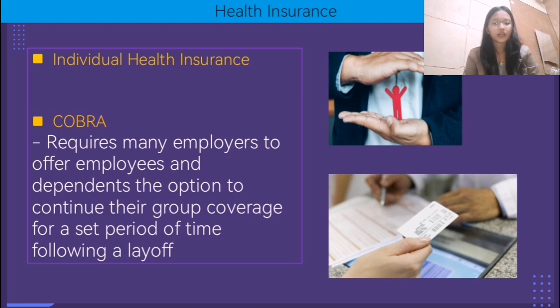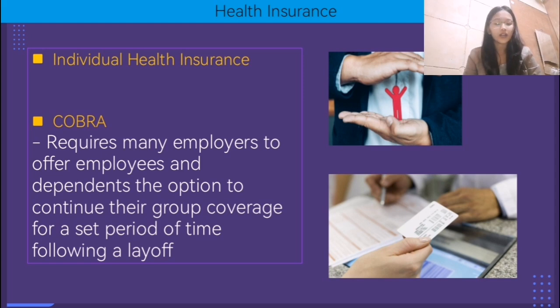So if an employee becomes ineligible to receive an employer's health insurance benefits under certain circumstances, such as voluntary or involuntary job loss, reduction in the hours worked, death, divorce, and other life events, the insurer may stop paying its share of the employee's insurance premium.